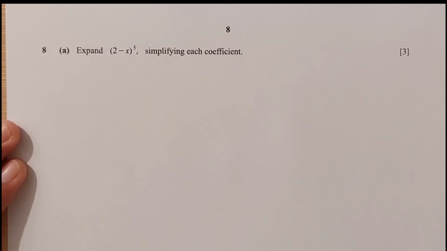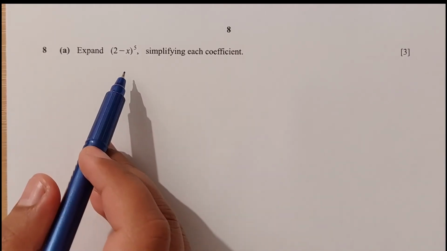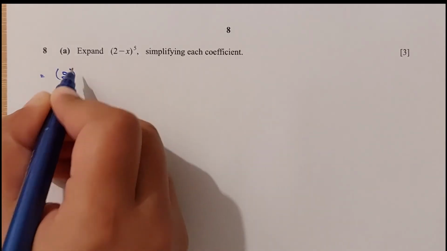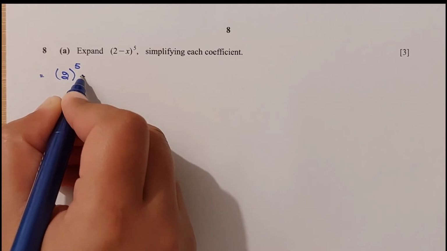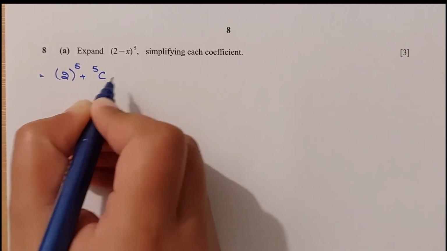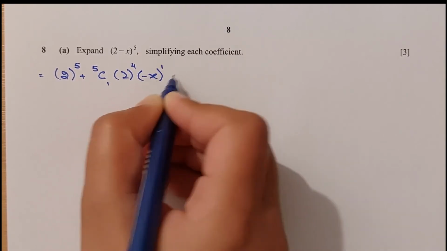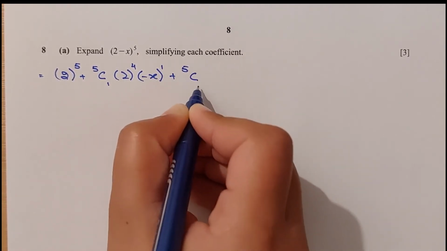Question number 8, part A: expand this expression simplifying each coefficient. Okay, so we have to apply the binomial expansion here. The first term exponent is 5 plus 5c1. The first term exponent is 4 and the second term exponent is 1, plus 5c2.